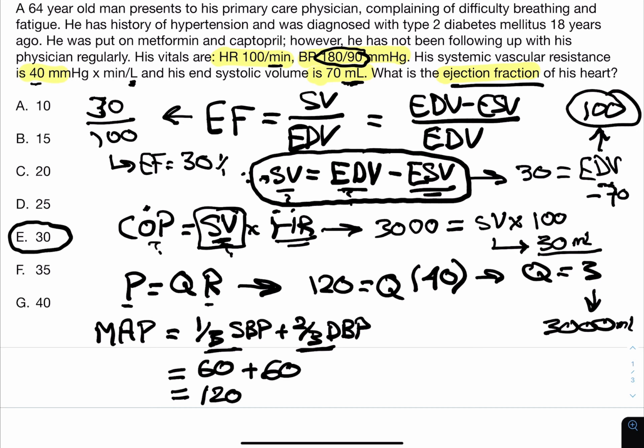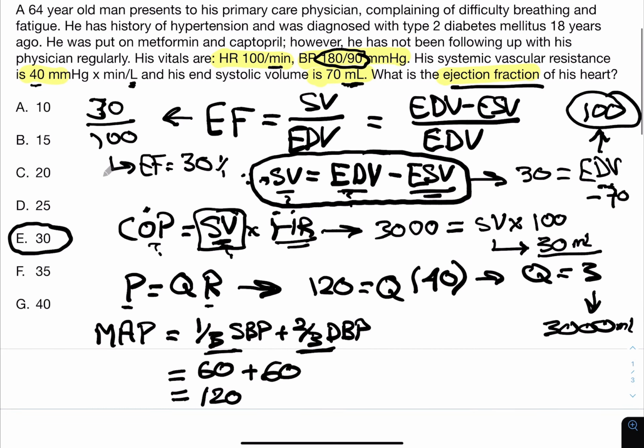So yeah, guys, this is definitely a tough question, and you might want to watch the video again, as there are so many formulas that you have to know to answer this question. And always write down the formula for each step.